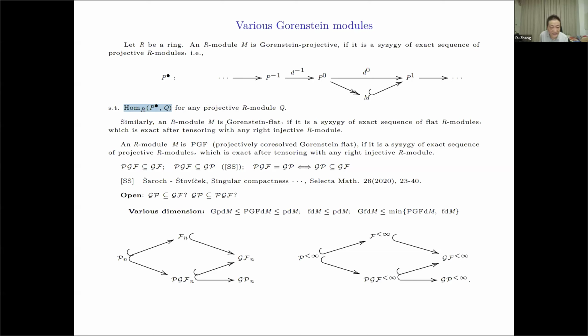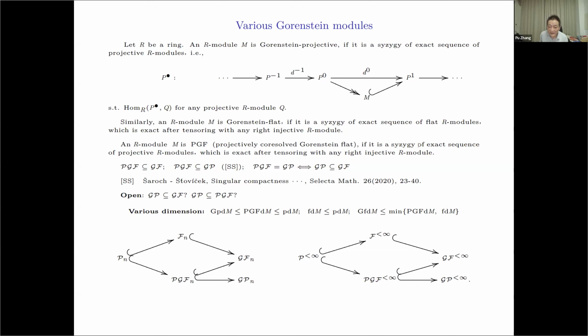Then similarly, we have the so-called Gorenstein flat. That is a kernel of an exact sequence of flat modules, such that it is again exact after tensoring with any right injective module. And in some sense there is a new notion called a PGF module, a mixture of Gorenstein projective and Gorenstein flat, called in full the projectively coresolved Gorenstein flat.